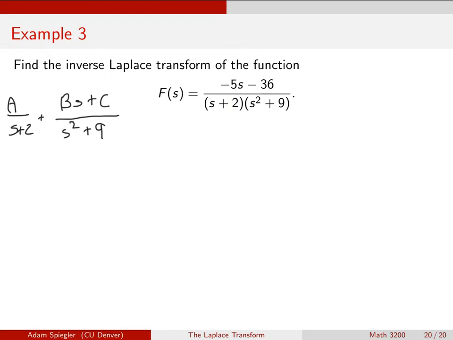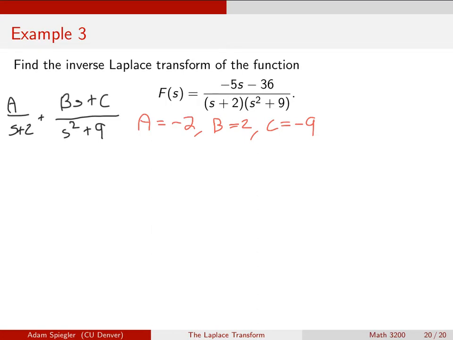I will skip that process because it's kind of tedious, but I will tell you that when you do this, you should check it, and what you would get is that A is equal to minus 2, B is equal to positive 2, and C is equal to minus 9.